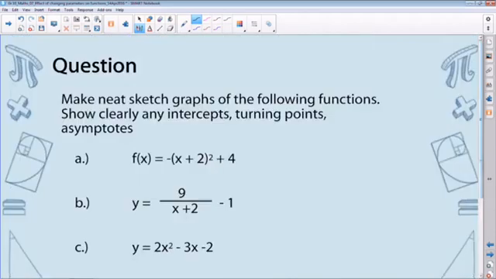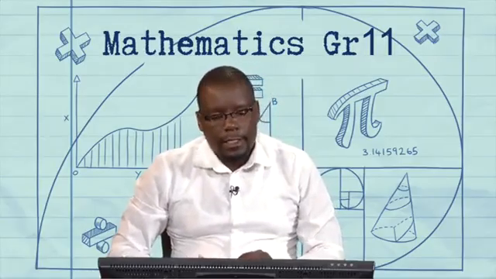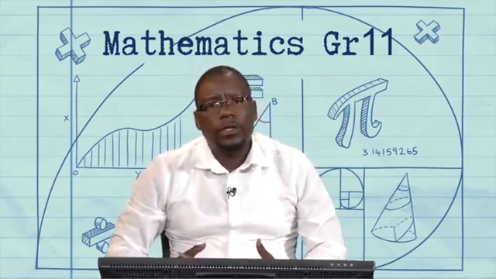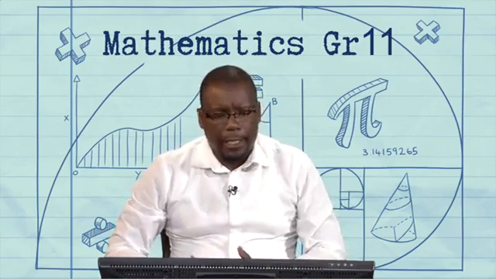All right, guys, I'm going to give you these problems because last year you were able to draw the graphs, and most of you were using calculators and tables and so forth, and it was not that complicated in your grade 10.